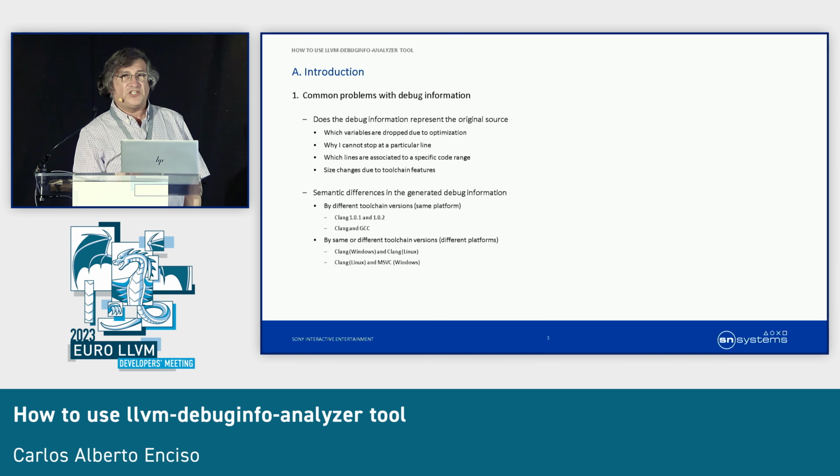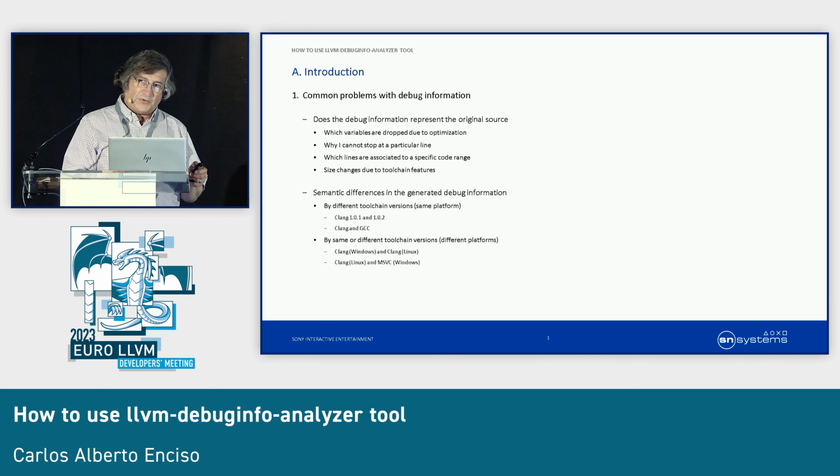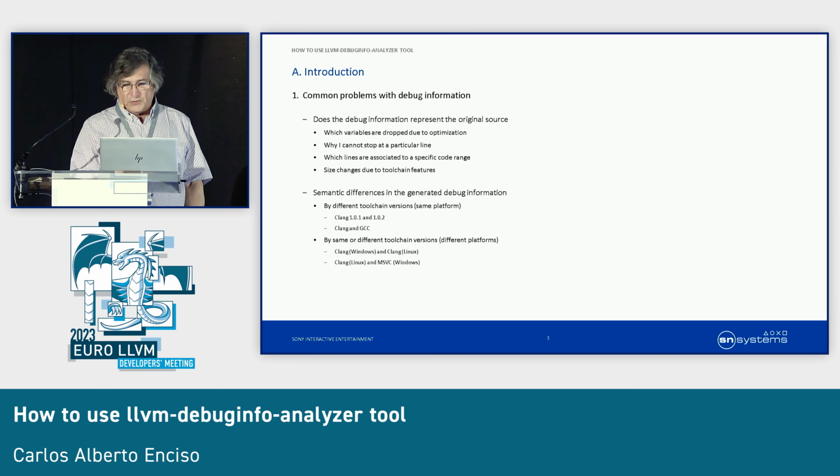And any size changes due to features on the tool chain change. And one important one is the semantic differences in the generated debuginfo, when the same source code is compiled on the same platform with different tool chains, or on different platforms with the same tool chain or different tool chains.